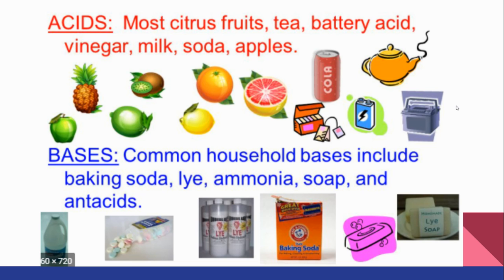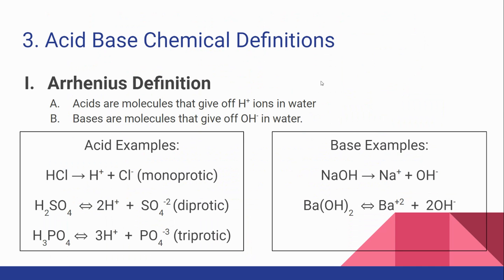Some bases include baking soda, soap, ammonia, lye. Antacids are usually basic. Obviously, antacid, they are against acids, right? The opposite of acids. Okay, so those are just some common acids and bases that you might know.